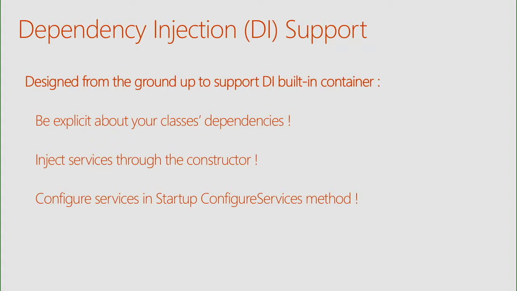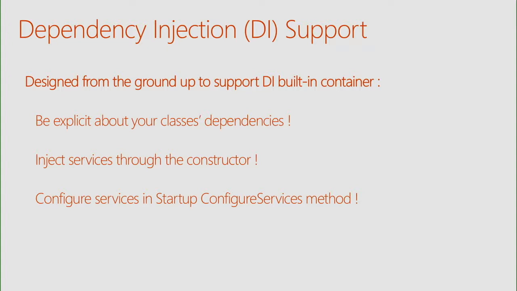ASP.NET Core has dependency injection support. It's designed from the ground up on this concept, and it has a built-in container. In order to use this container effectively, we have to respect 3 rules. The first rule: we have to make our dependencies explicit.